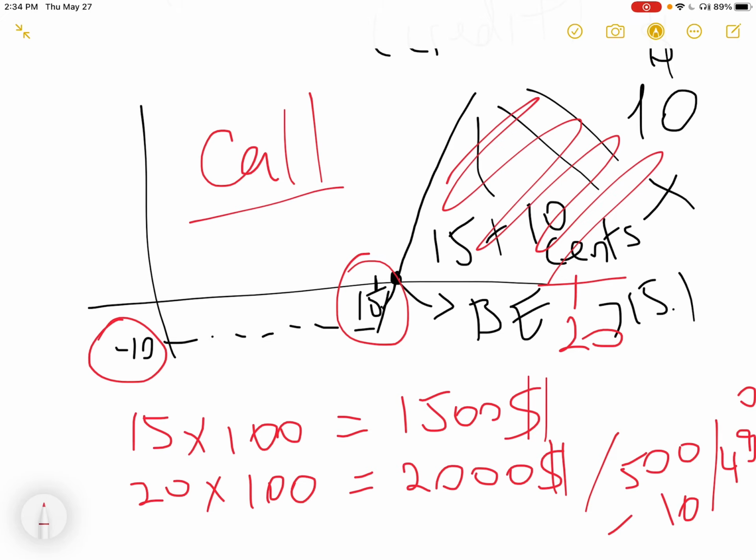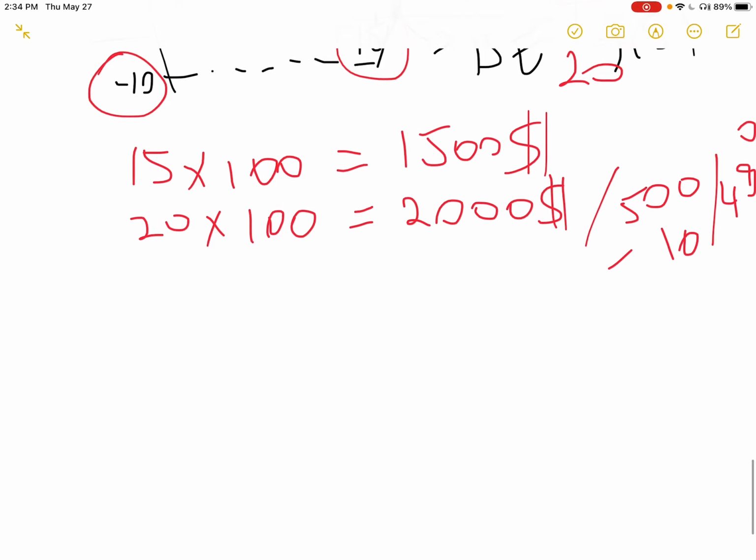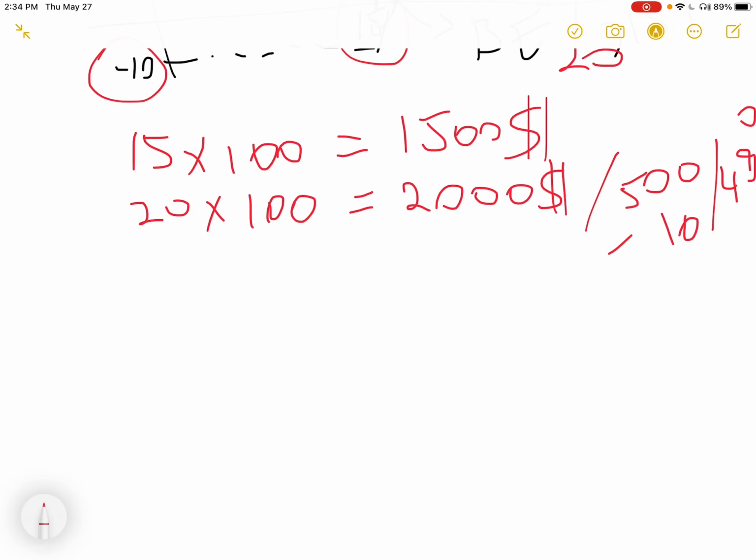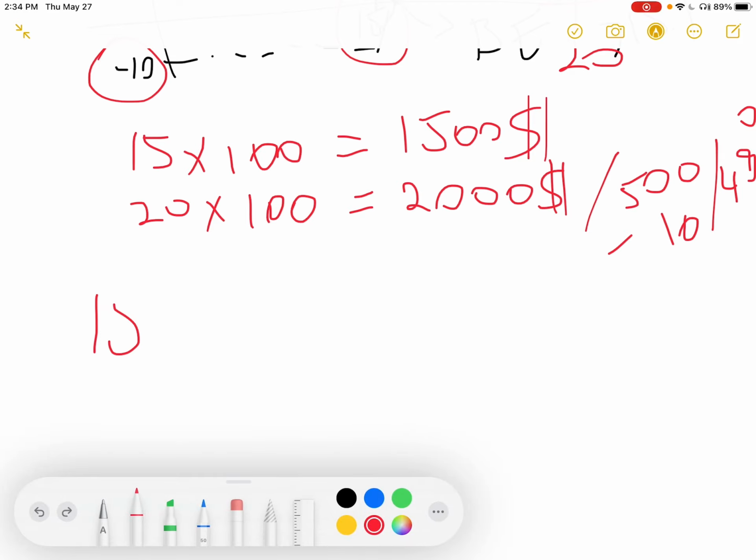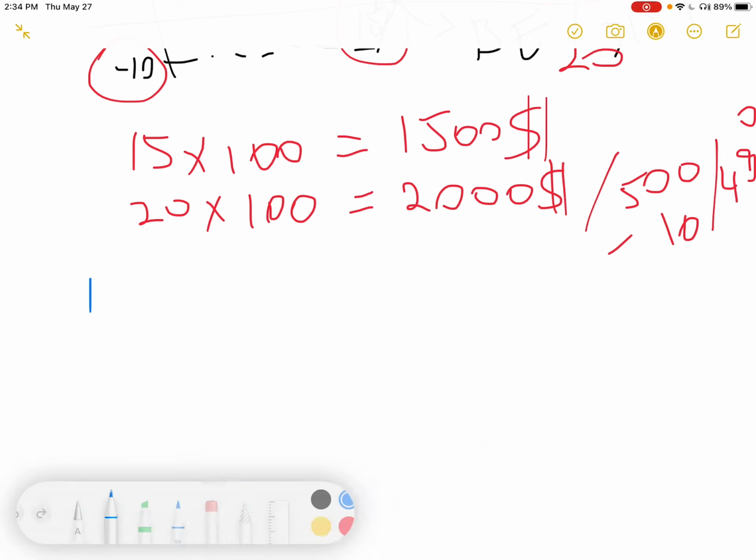Okay, so here is what I like about options. I was talking about leverage, right? Let's say on the day you bought the contract, for simplicity, the company was trading at $15.